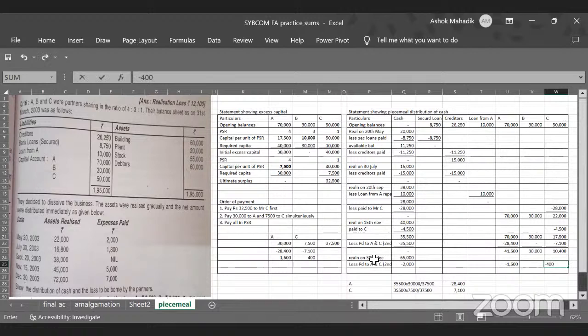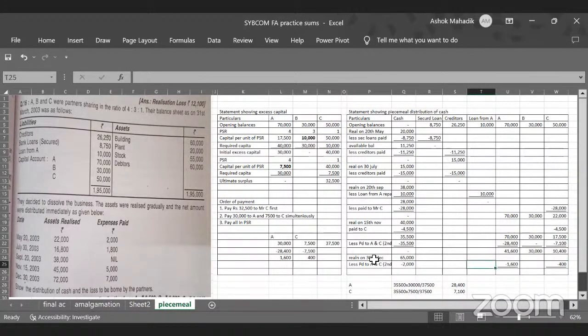Clear? Now let us see how much balance is still pending with them. Once you are done with order number 1 and 2, you have a chance to cross verify whether you are on the right track or you have made some mistake. I'll tell you how. Once you are done with the second order of payment, the balance left in partners' capital will be in the profit sharing ratio.